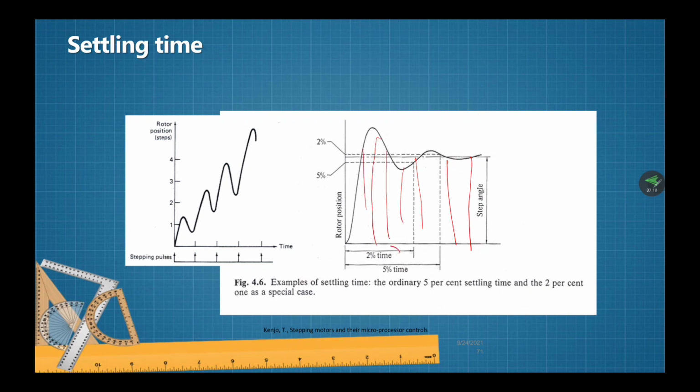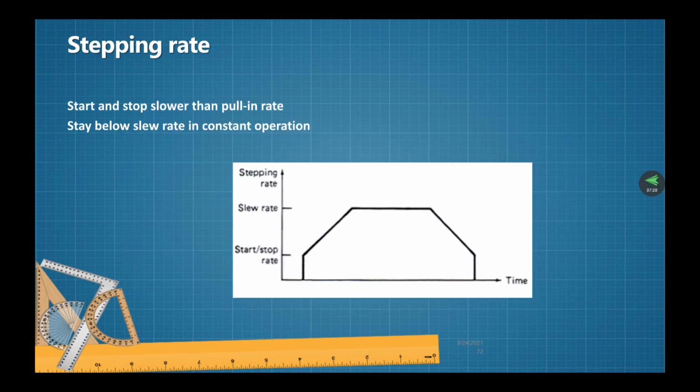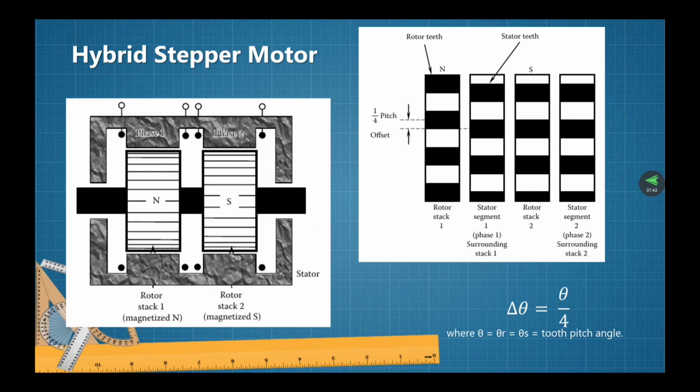This is the 2% settling time, and this is the 5% settling time for the rotor position. And this is the stepping rate. Start and stop slower than the pull-in rate, and stay below the slew rate in constant operation.